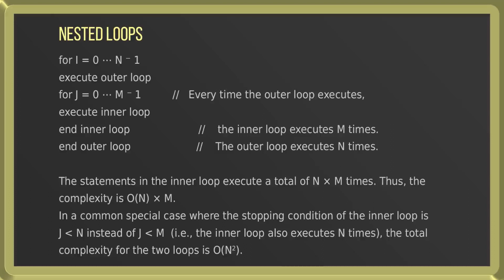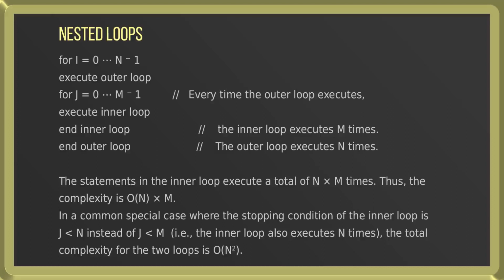Nested loops. For i equal to 0 up to n minus 1, execute outer loop. For j equal to 0 up to m minus 1, execute inner loop, end inner loop, end outer loop. The outer loop executes n times. Every time the outer loop executes, the inner loop executes m times.